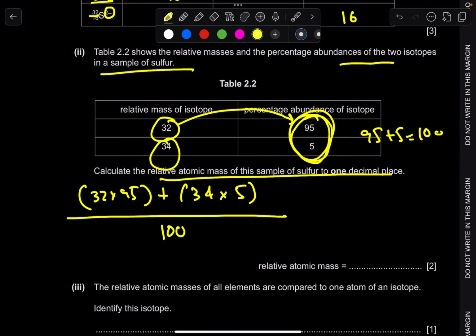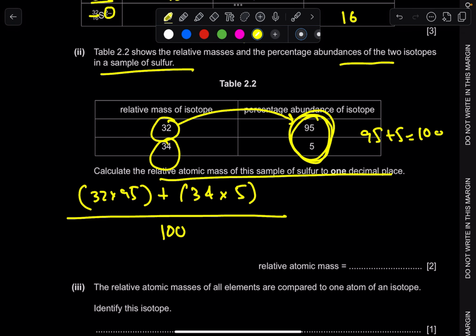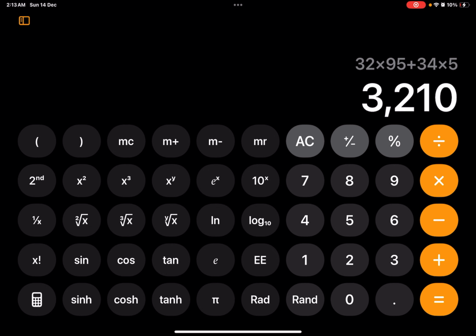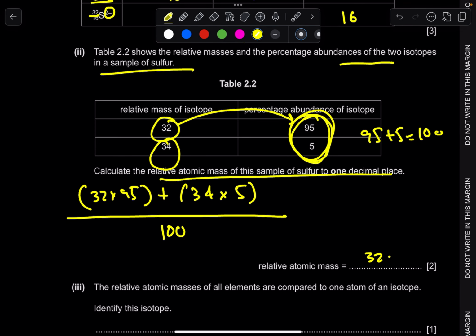So 32 times 95 plus 34 times 5, divided by 100, and we get 32.1 as our answer.